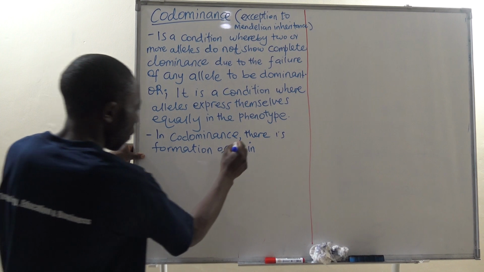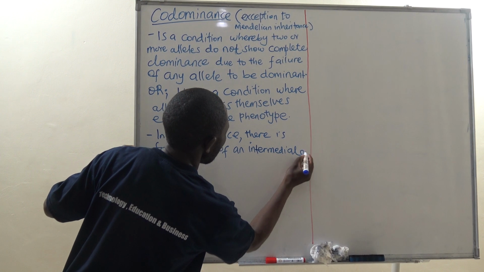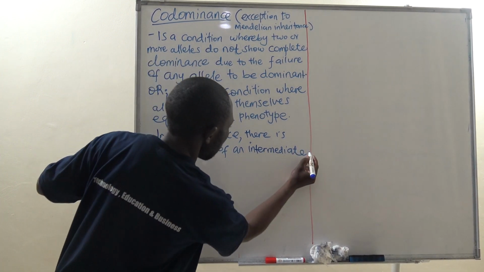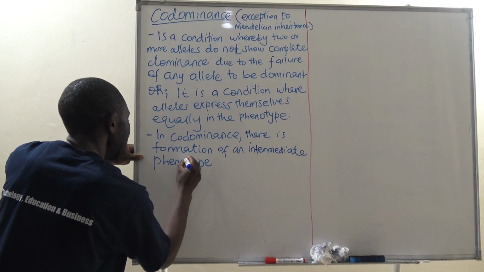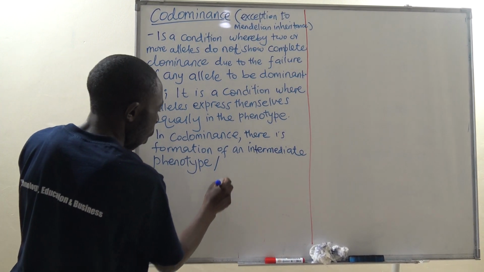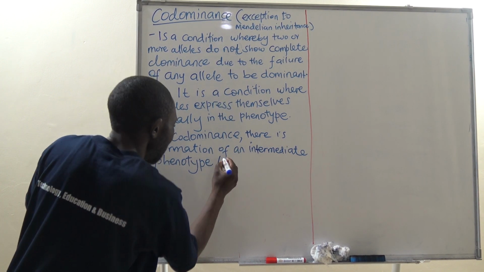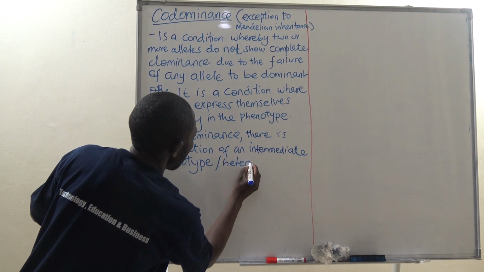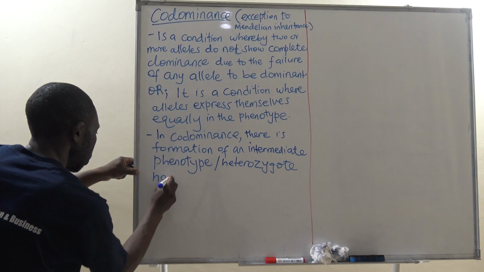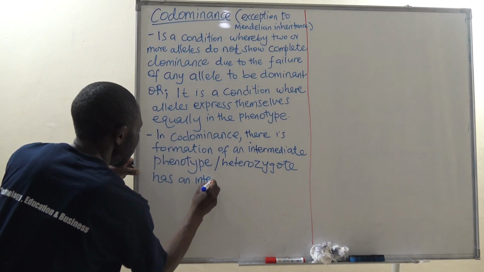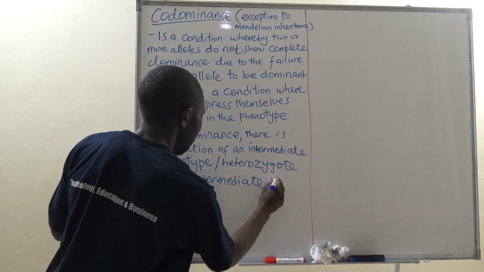There is formation of an intermediate phenotype, or what we call the F1 heterozygote. The heterozygote has an intermediate phenotype.